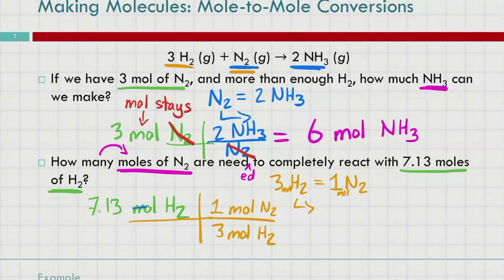When we do it this way, moles H2 cancels moles of H2. Our leftover units are moles of N2. That's what we want. So we probably have done it correctly. So MOL N2, and it'll be 2.3.